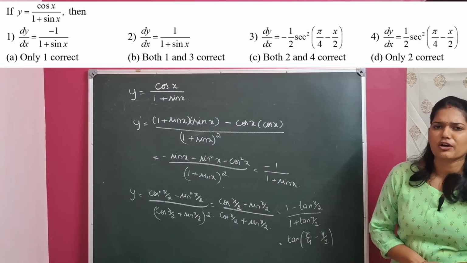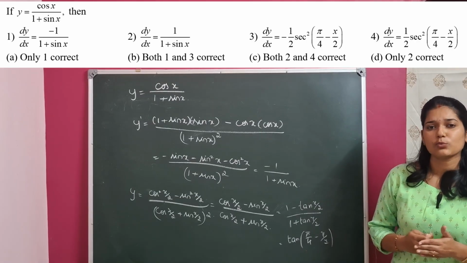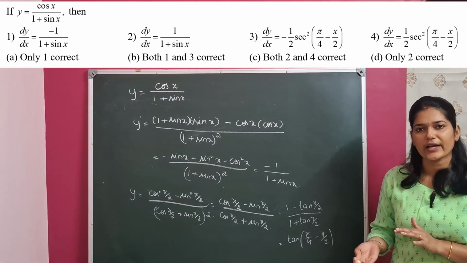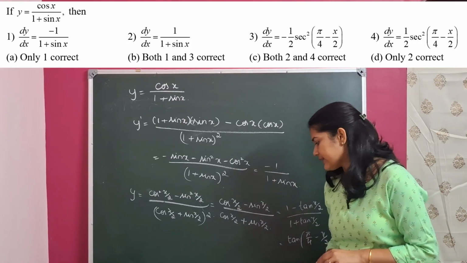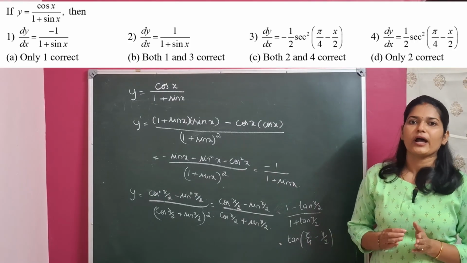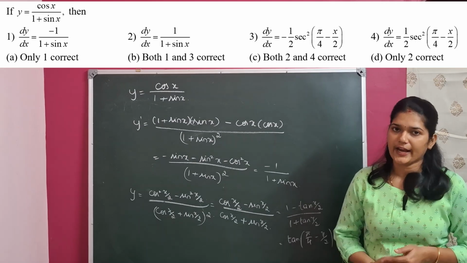Therefore, differentiation of this function will be minus 1 by 2 secant square of pi by 4 minus x by 2, that is C. Therefore, answer will be both A and C.